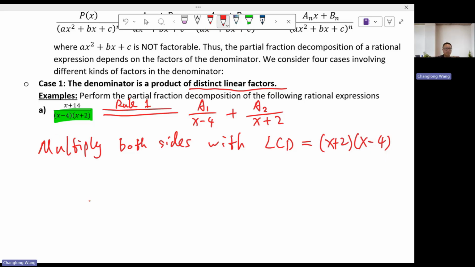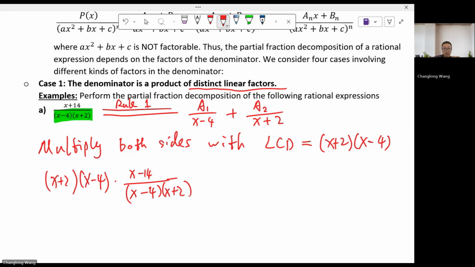So now let me go ahead and multiply the left-hand side with x plus 2, x minus 4. Now on the right-hand side, we do the same thing.